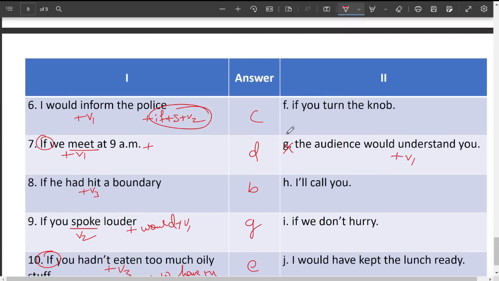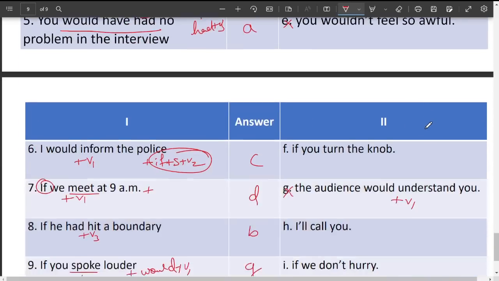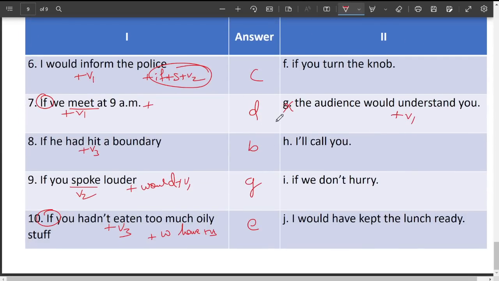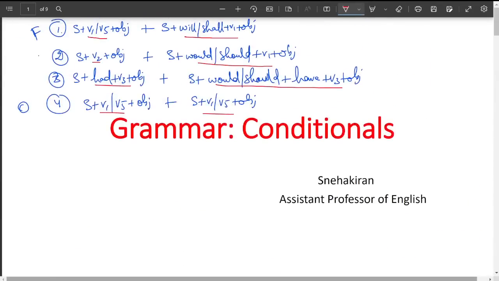Let us check. If we meet at 9 a.m., D must be connected. We will have enough time, right? That is the sentence we had gone through, right? So this is how you have to solve all these questions. The only thing that you have to remember is the structures which I have given. If you want to remember the entire answers, that is up to you. Actually, conditions are not that easy unless and until you get some perfection in this.